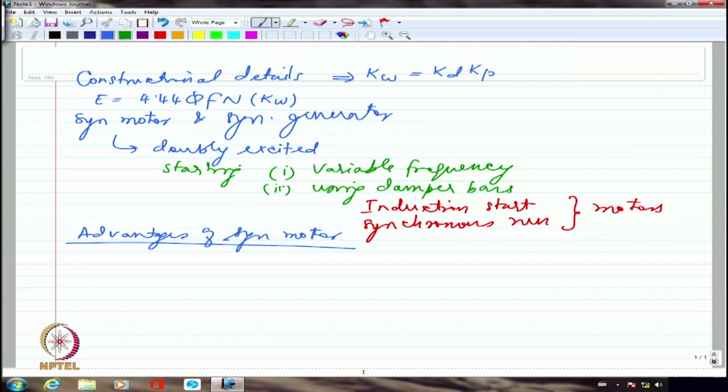If you look at synchronous motors, one major advantage I am going to have is power factor control, because I am exciting it from both sides. So, the flux that I am providing from the rotor side can be just sufficient. It can be a little more than what is needed. It can be a little less than what is needed.